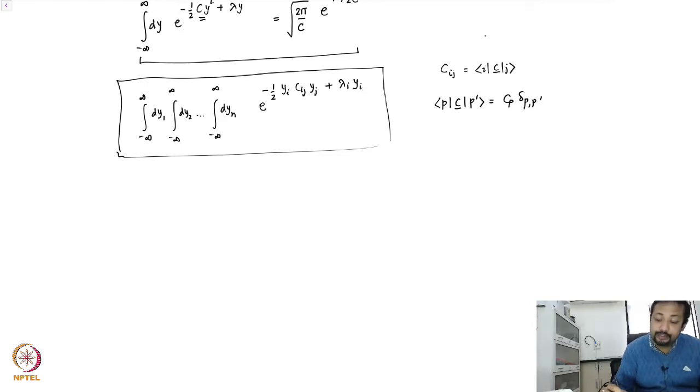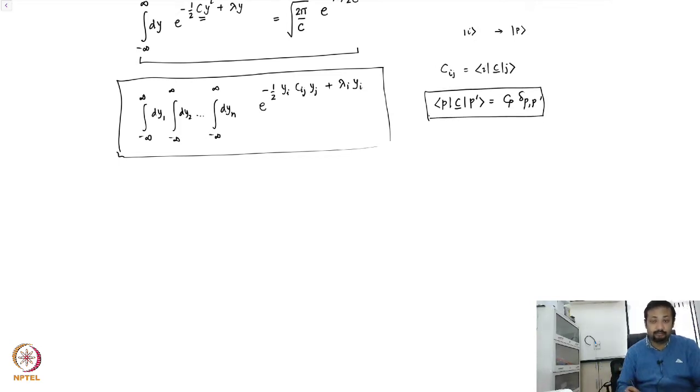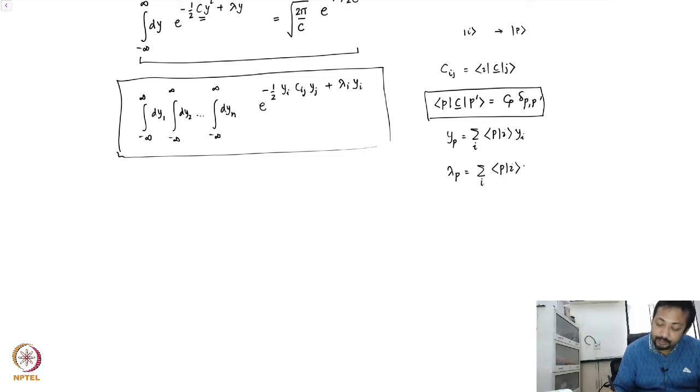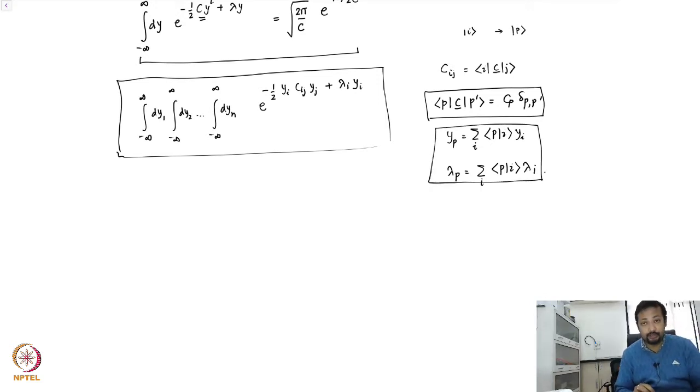So I go from this representation of i to this, which are also orthonormal, so that my matrix C becomes a diagonal matrix, in which case you have yp is going to be sum over i Pi yi, and lambda p is going to be sum over i Pi lambda i. The Jacobian of this transformation is unity, that one should take care. I mean, that is obvious.